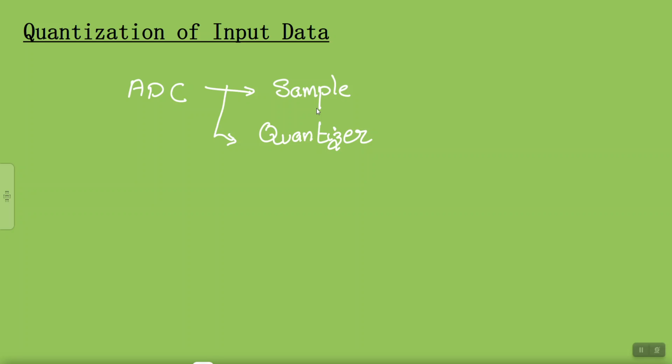The sampler will sample the value of the analog signal at uniform intervals to produce an unquantized signal. The quantizer will quantize the analog value and produce the corresponding binary codes.